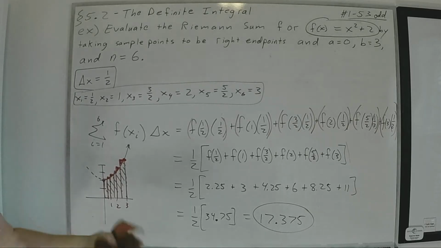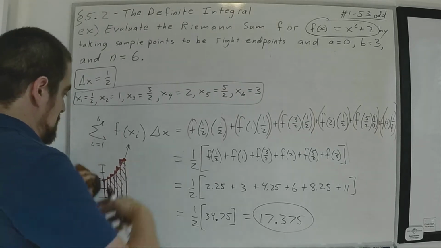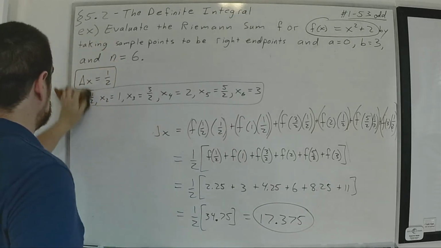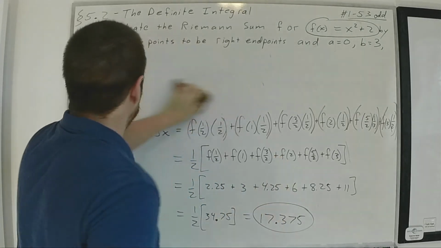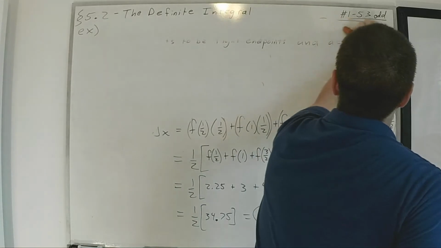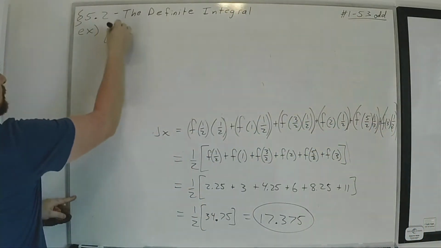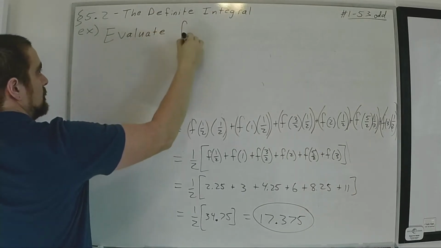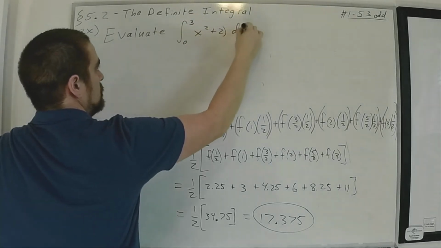So to avoid that, that's when we start looking at the integral. And that is introducing the concept of, hey, why don't you just use an infinite number of rectangles and get the exact amount that you need, the exact number, not some approximation. So what we'll do is the same thing again, but this time we will use the definition of the integral to evaluate the integral from 0 to 3 of x squared plus 2 dx.